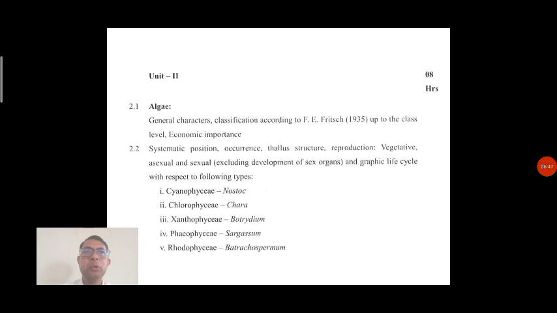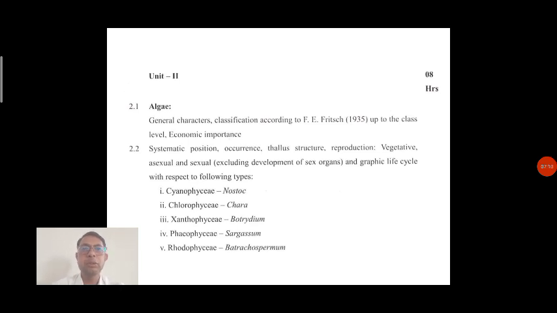Now unit number 2 is comprised of algae, and for the algae we are going to look at the different parameters, including the general characters of algae, and below you can see there will be different types of algae, that is Nostoc, Chara, Botrydium, Sargassum, Batrachospermum.